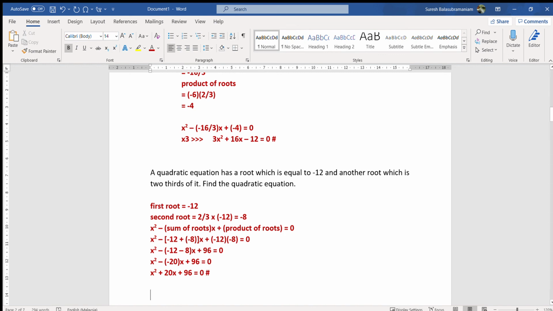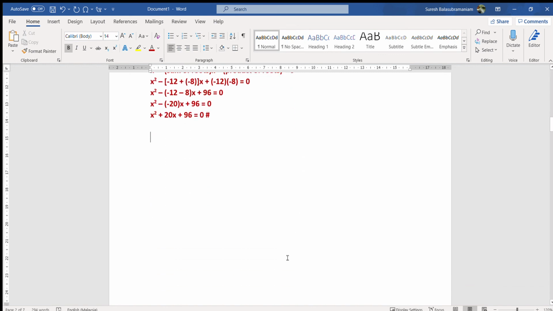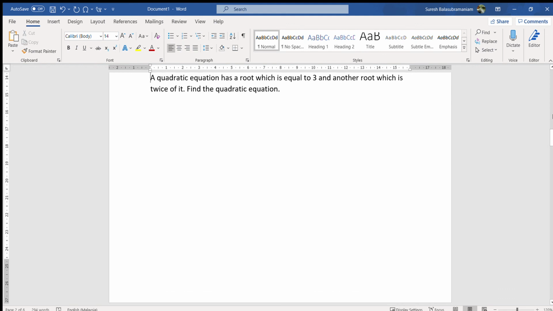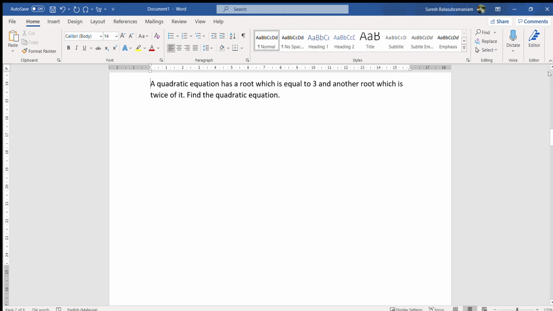Moving on to the next question. Okay, I'll just move it a bit. Quadratic equation has a root which is equal to 3 and another root which is twice of it.